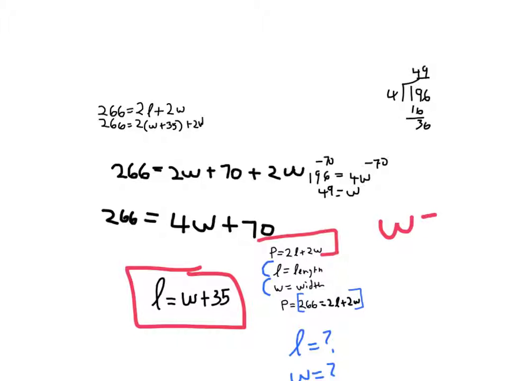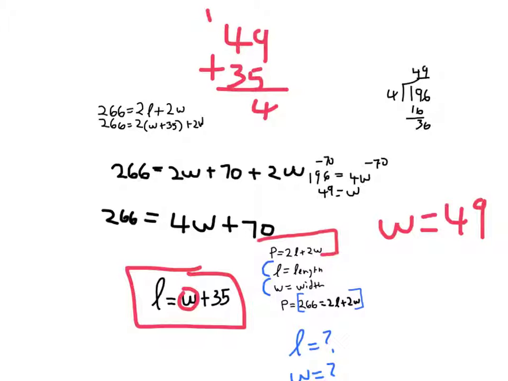Now once again, W equals 49. So we could put that 49 right there. So L ends up being 49 plus 35. And 49 plus 35 is 84. So therefore L is 84 and W is 49. Now this is kind of like a big old mess. It's not the most organized demonstration, but again, you seem pretty strong with that, so we're just going to leave it alone.